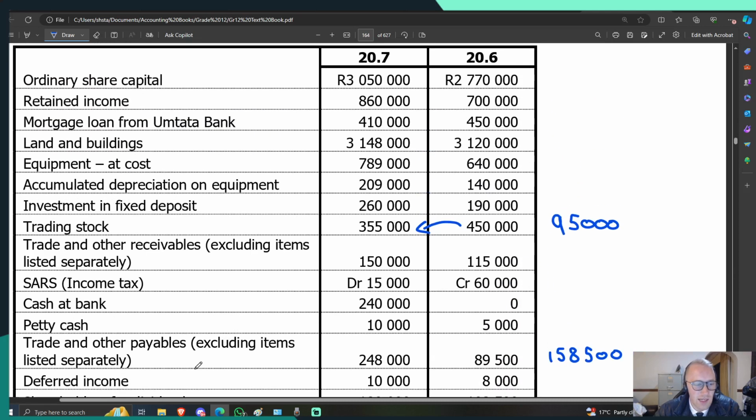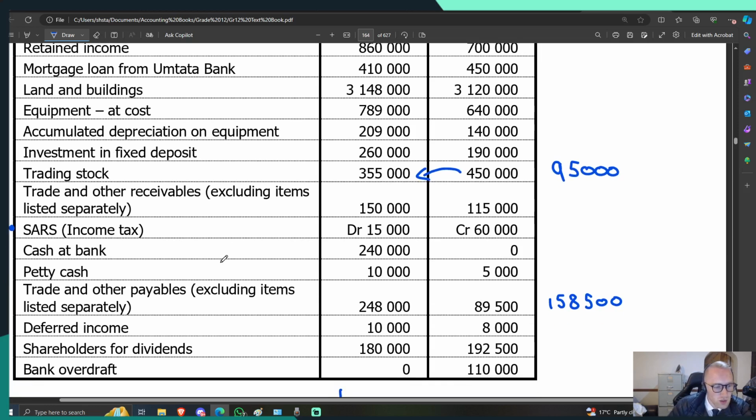Oh, listed separately in this list. Oh yes, for example, SARS income tax could be trade and other receivables or trade and other payables, depending on whether we owe SARS or SARS owes us. Also, our dividends, as shareholders for dividends, could also be we owe SARS or SARS owes us. Bank overdraft.